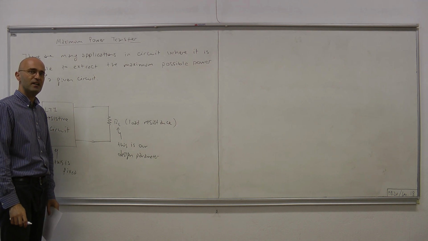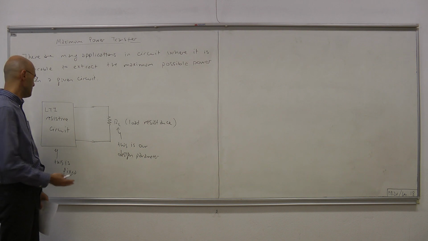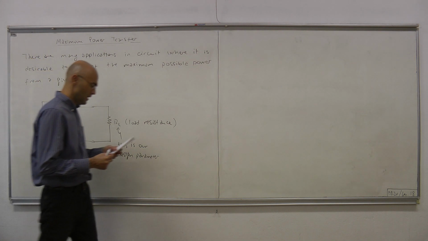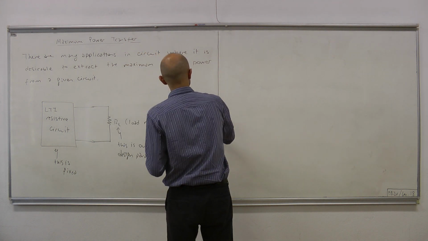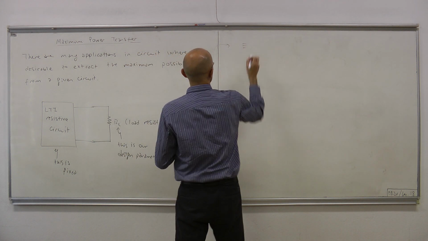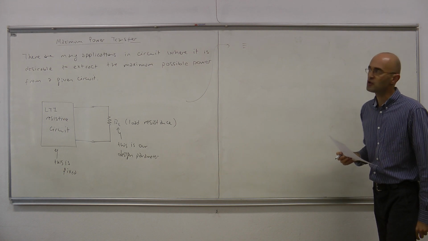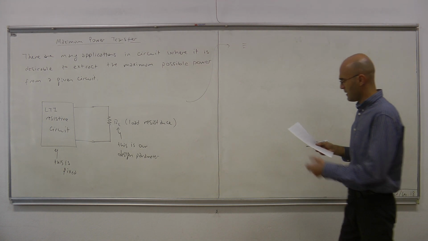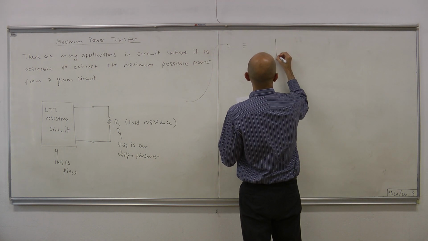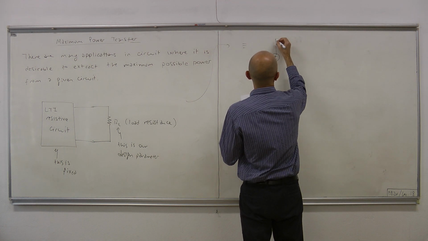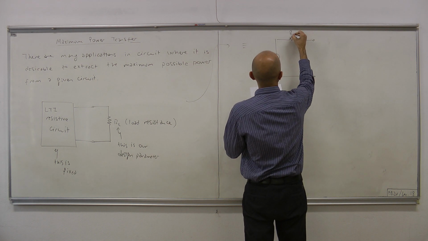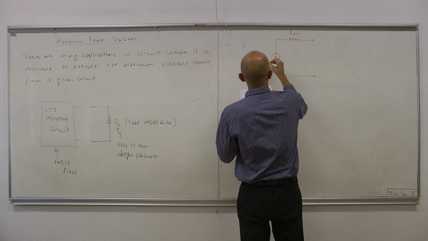Now, this problem turns out to be quite straightforward to tackle if we replace this LTI resistive circuit with its Thevenin equivalent circuit, which we can because it's LTI and it's one port. Therefore, the situation from the power consumption point of view can be re-expressed as follows. R Thevenin, V Thevenin.